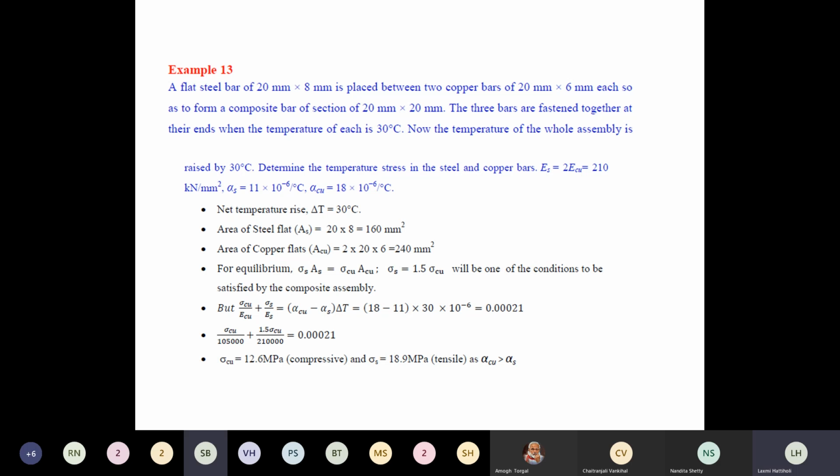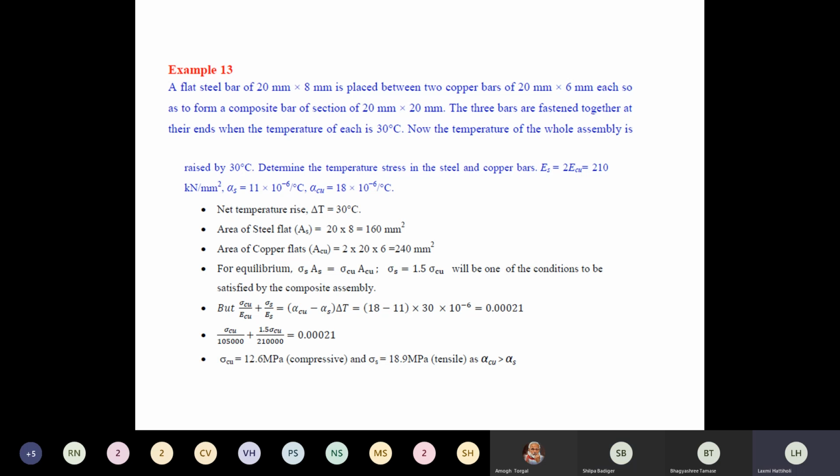At the initial, ma'am, in the question, alpha is the thermal coefficient, the coefficient of thermal expansion. For copper, it is greater than steel, ma'am. Yes, very correct.